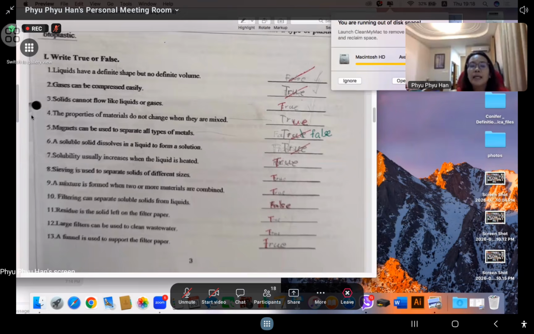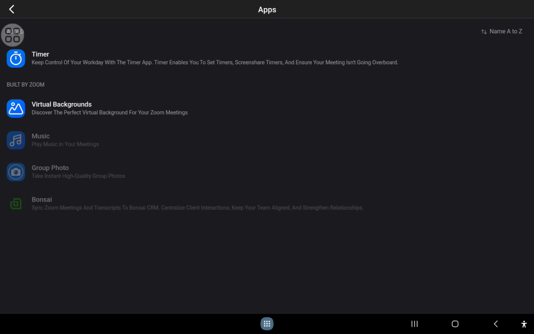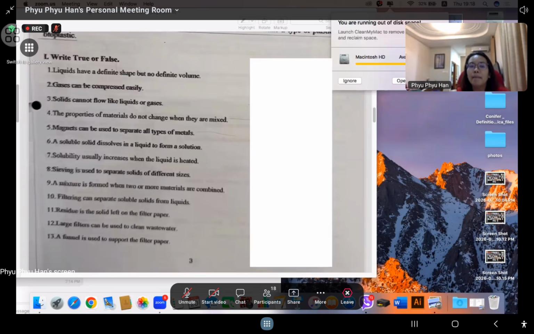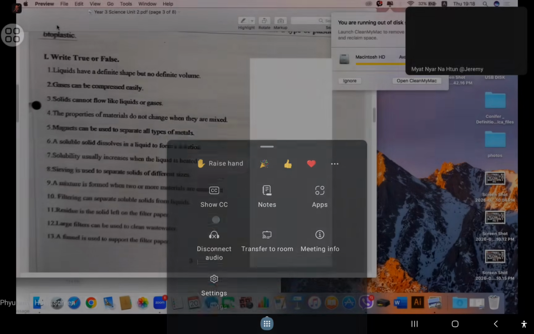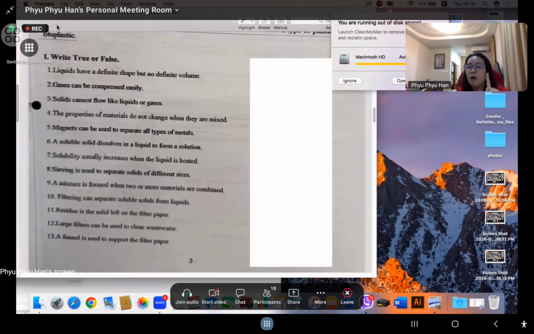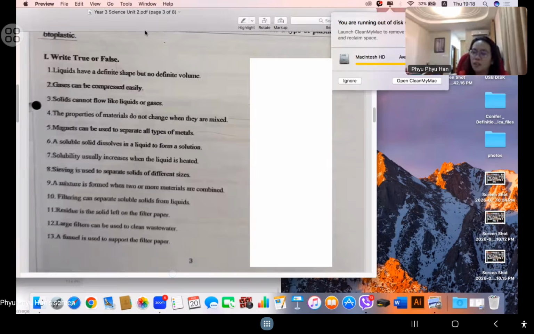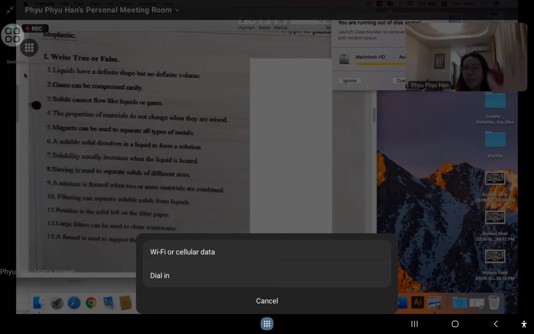We need it, but we don't have much heat. We need heat.